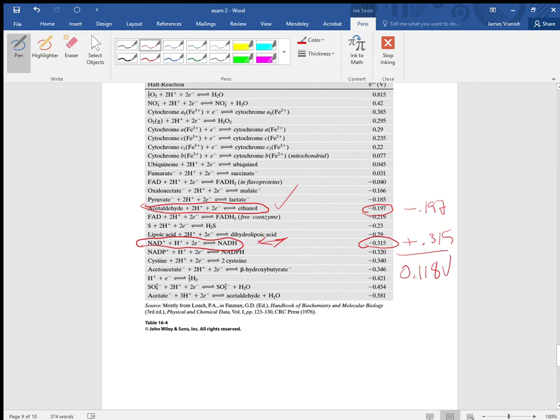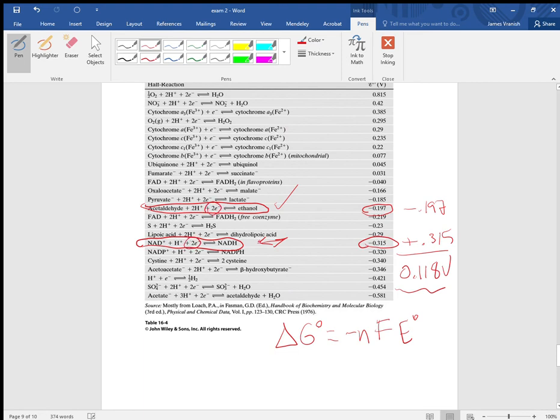Now, we're still not done with the question yet. So this is step one of solving this type of question. Because the question is asking for delta G, and we have an E0 value here, we have to relate that E0 value to delta G. The equation we use to do that is delta G equals negative NFE. In this particular case, for N, we look at these reaction equations to figure out how many electrons are being transferred.